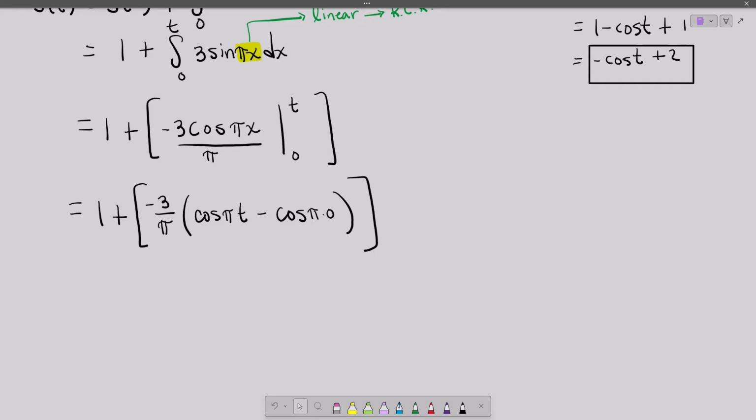This becomes cosine of 0 again, and cosine of 0 we decided was 1. So then we're going to end up with 1 plus, and we'll leave the brackets to the very last moment just to make sure it's all clear. Cosine of pi t, nothing we can do there. Cosine of 0 is 1, so we get that.